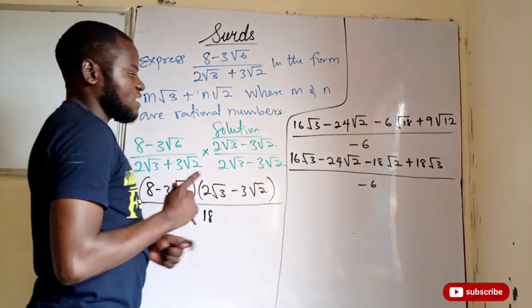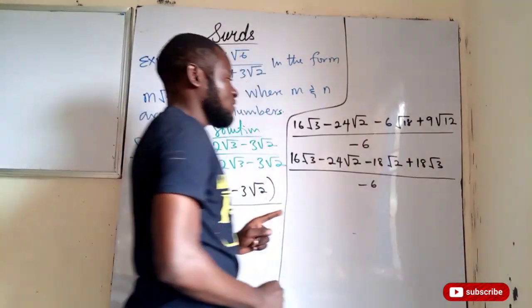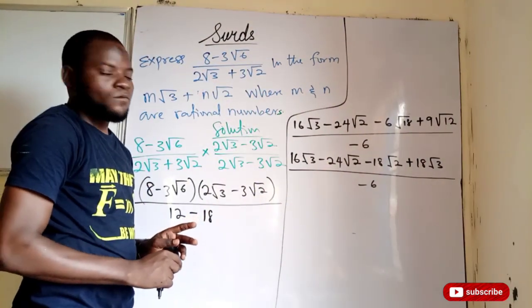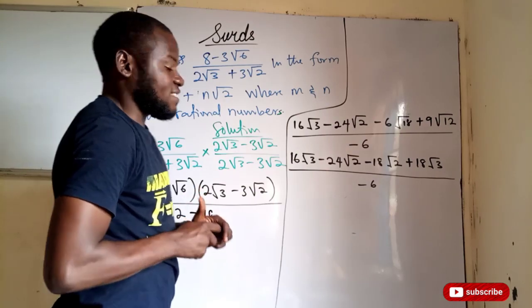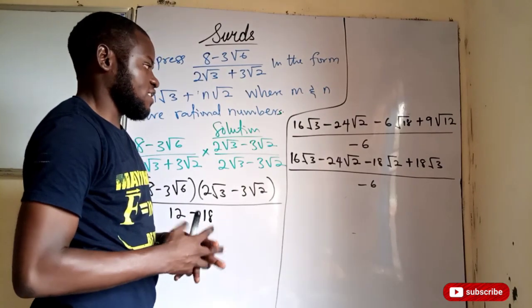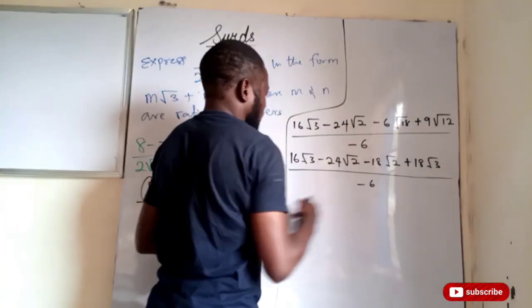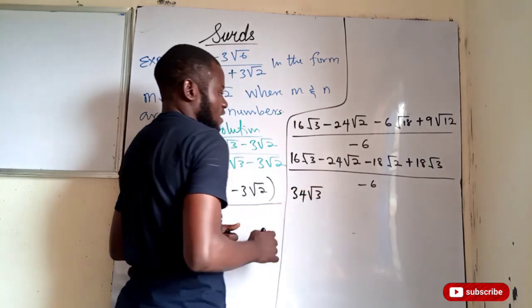If this should be the case, we can collect the like terms. 16 plus 18 is going to give us what? That should give us 34 or 36 if I'm not mistaken. No, that should be 34. This plus this will give us 34 root 3.